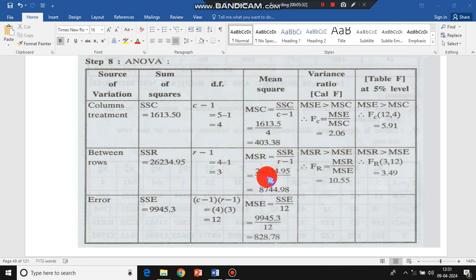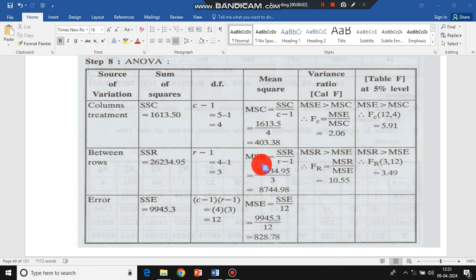SSR is 26,234.95 divided by R minus 1, which is 3. If you divide this by 3, what you will get is 8,744.98. So this is MSR, mean square row wise.